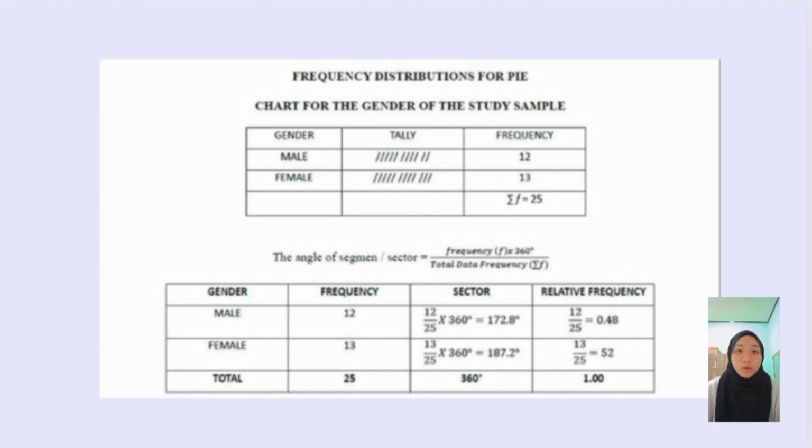The lower boundary is 485.5, the upper boundary is 525.5, and the midpoint is 505.5.